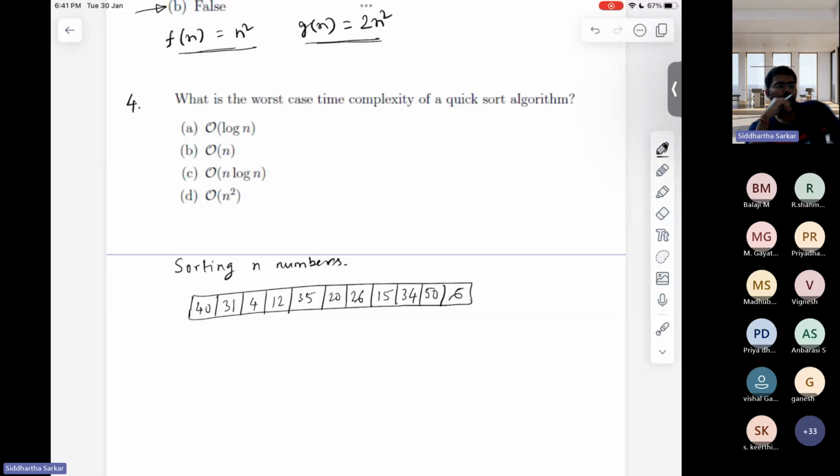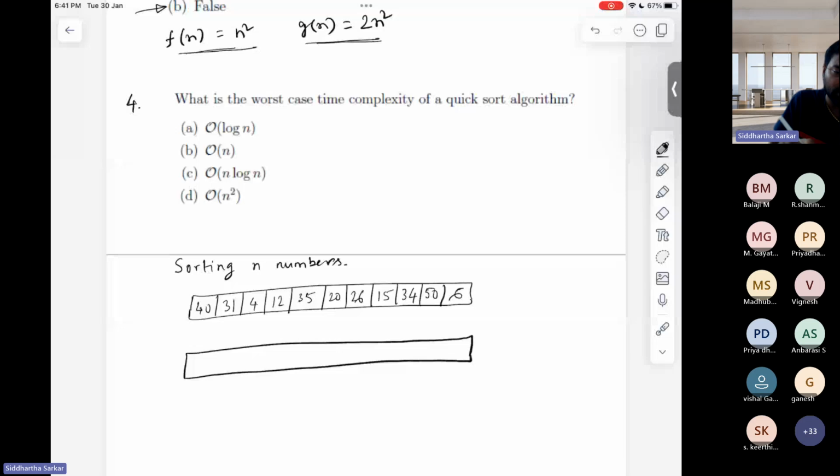What quicksort would do is pick a number and decide where in the sorted sequence this number should lie. For example, if we consider this last number 6, the first step is to decide where 6 should lie in the sorted sequence of these numbers.